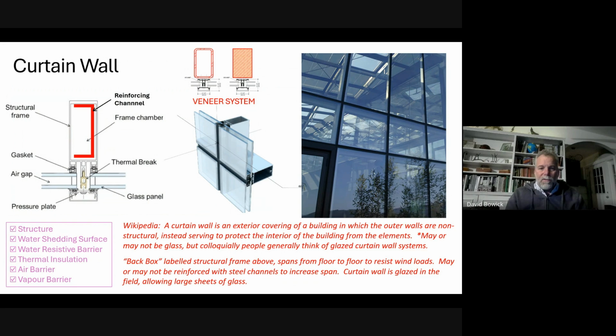So the extrusion is a slightly complicated shape that is intended to provide a structural box. We call this the back box. This is a rectangular aluminum extrusion, and it has complicated features on the outside that receive gaskets that a gasket can slip into, and also can take a screw.